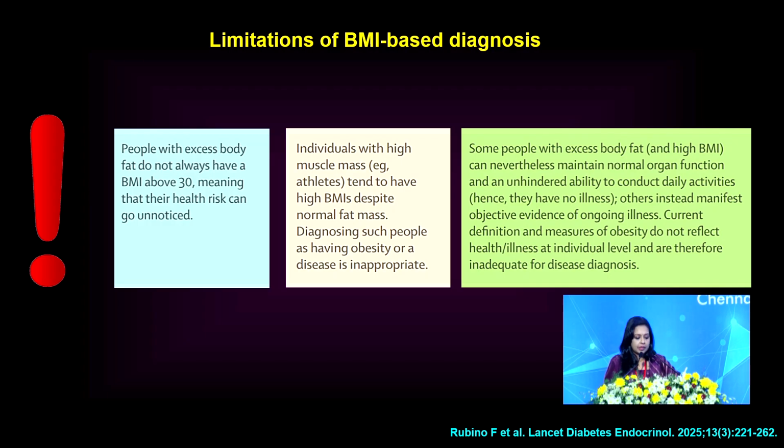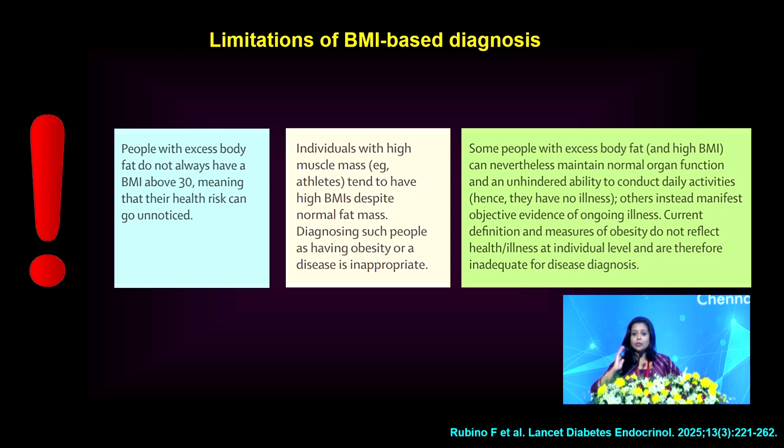Now, what happens when someone has a very high BMI? There is a possibility of excess fat, but sometimes, rarely, you can find athletes who have a high muscle mass. They'll have higher BMIs, but need not have excess body fat. That's one condition that is rare in a country like ours.